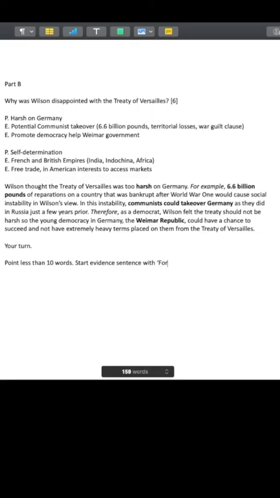Evidence sentence, so look up at the italics there, start with that for example. It's kind of a guidepost to let me know, to let any assessor know, okay, the point is done. Now we're in the evidence section of the essay. Short and sweet, to the point, right? And then you can get right into the evidence.